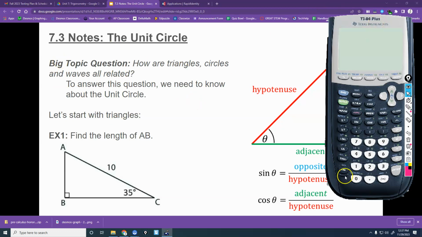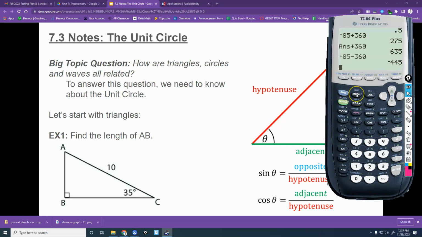So one thing I need you to do first, your calculators are probably way better than they were second period, but in case you do not share a calculator with somebody that corrected this problem during second period, we need to make sure our calculator is in degree mode, and the default for these, if they've been reset, is for them to be in radian.